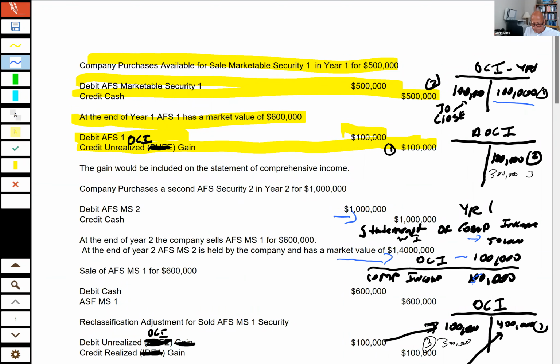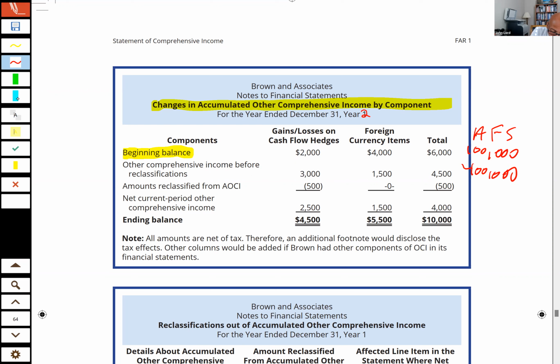The OCI that we would have reported on our statement of comprehensive income would have been 400,000, but we had that amount that was classed out for the security that we sold, right? So that's the 100,000 that came out, so the net current period other comprehensive income therefore was 300,000, wasn't it?